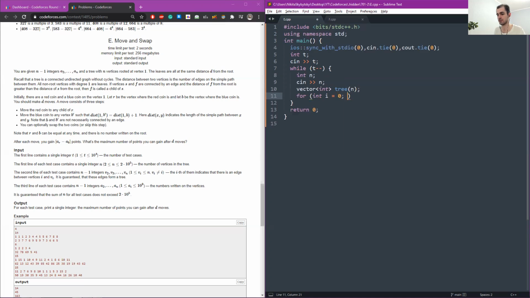Vi. Okay. Pretty sure we have to decrement Vi. No, I think this is also right.